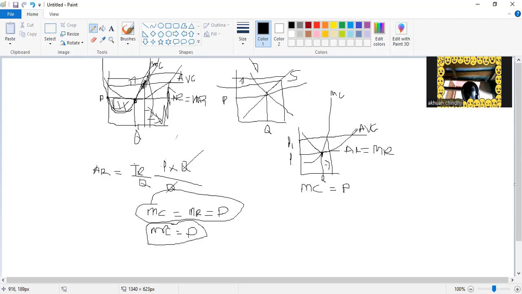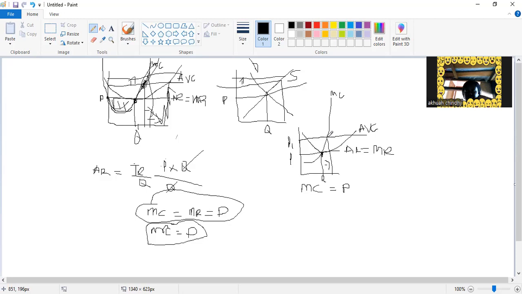No. Average variable cost curve is not about producing additional units. It's just saying that for every output I have, this is the cost that is associated with it. But it's different from the cost you incur when you are producing additional units. Okay, so not this point, but on the marginal cost curve.